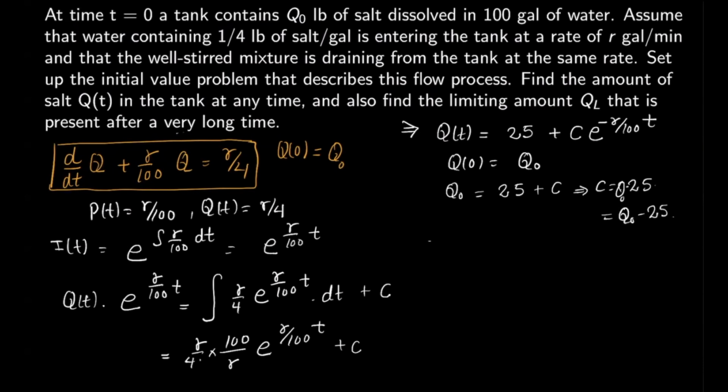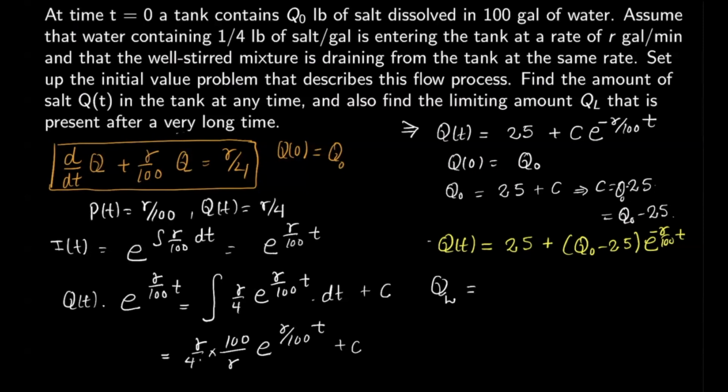Now I will write down the particular solution. The particular solution is Q of t equals 25 plus Q of 0 minus 25 times e to the power minus r divided by 100 times t. Now we can calculate the limiting value of the solution.